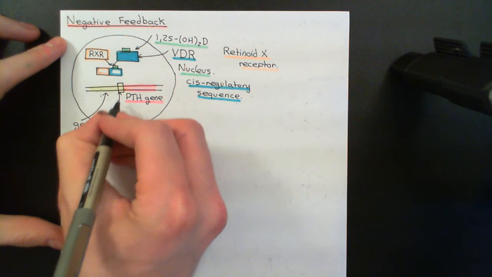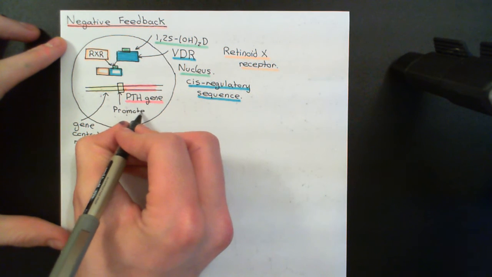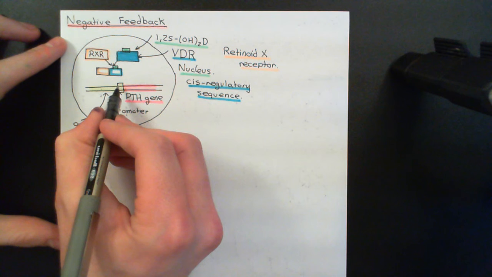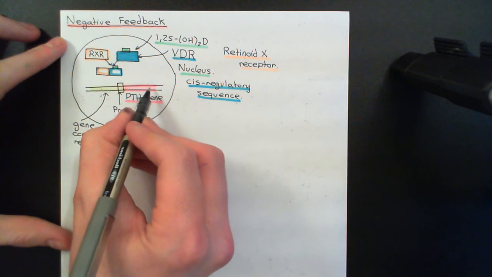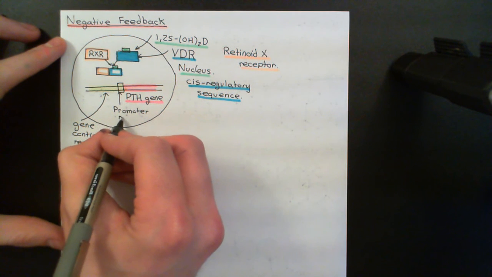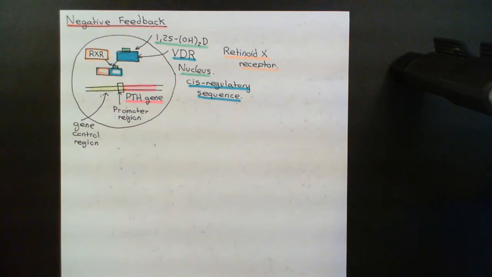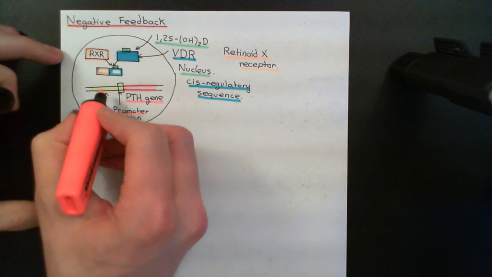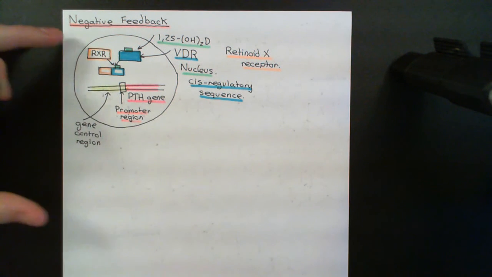And of course the promoter region is where the general transcription factors bind and assemble into a complex, and then the enzyme RNA polymerase binds on top of that and will make its way along the gene and transcribe the gene into mRNA. So this is known as the promoter region. That's the portion of the gene control region immediately upstream of the parathyroid hormone gene. But then the gene control region goes on for a much longer portion past the promoter region here.